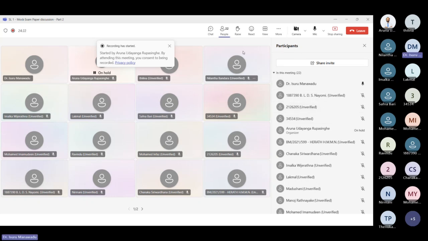Or can I get your view on that? So the doubt is, will the time allow to cover the entire paper if you go like that? Yeah, so my plan is question number 1 and 2 will be covered today. Then question number 3, unseen, would be covered tomorrow.